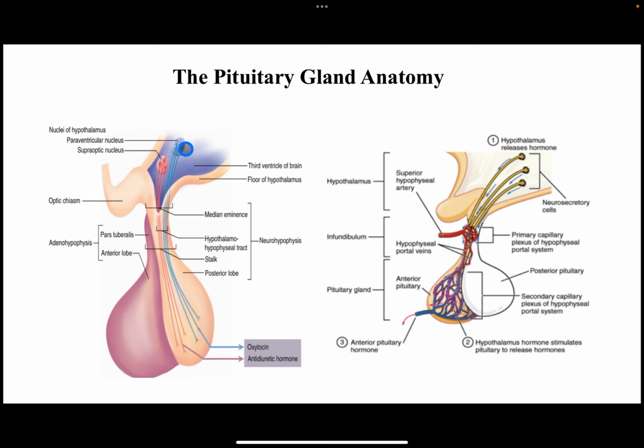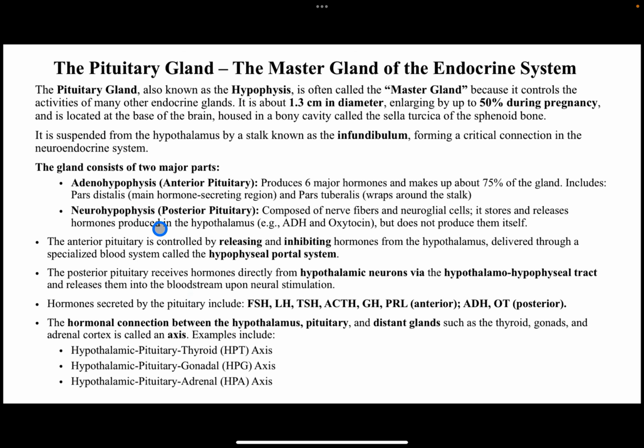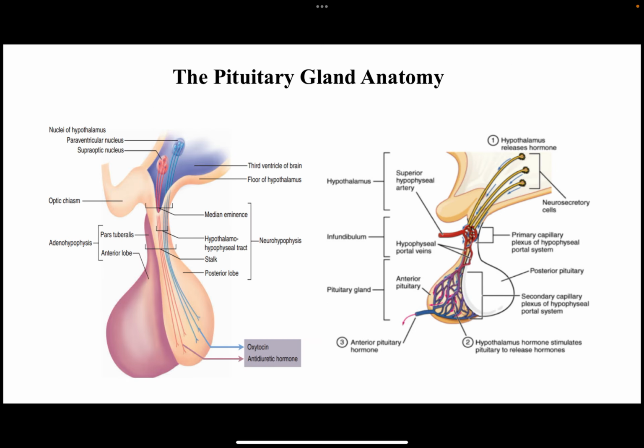Is that okay? That is why we say this particular part of the pituitary gland is called the neurohypophysis gland, or the posterior pituitary gland. So remember that the posterior pituitary gland connects to the hypothalamus using nerve fibers or neurons.